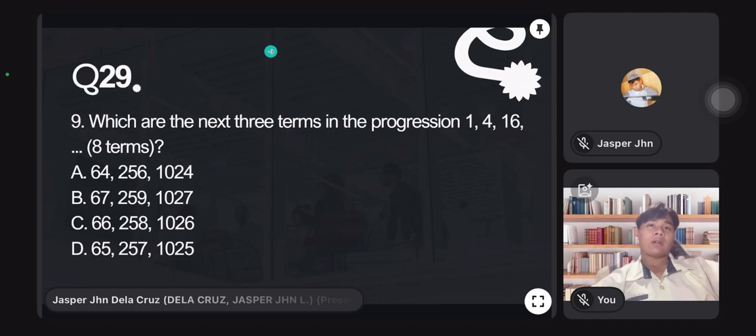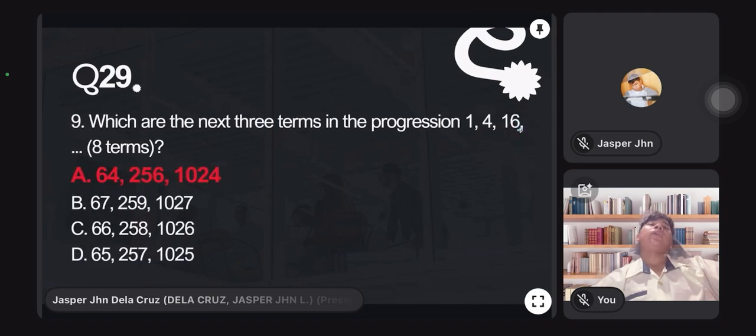64, 256 and 1,024. Letter B, 67, 259 or 1,027. Letter C, 66, 258 and 1,026. Or letter D, 65, 257 or 1,025. Correct answer is letter A, 64, 256 and 1,024. So how did we get this answer?